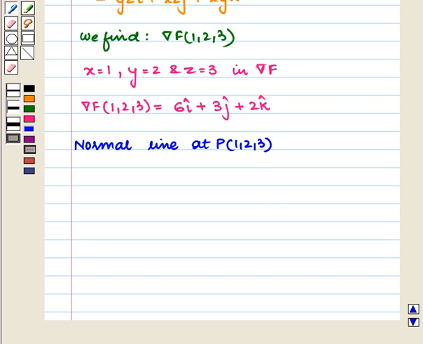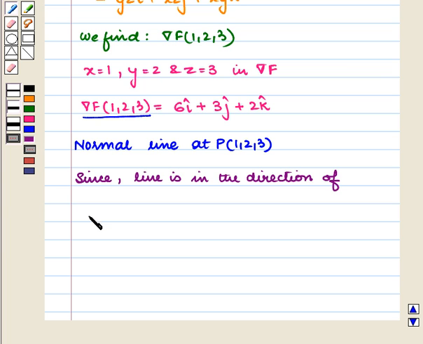Now, the normal line at the point P(1, 2, 3) will be in the direction of gradient of F at (1, 2, 3) and will pass through the point P(1, 2, 3).